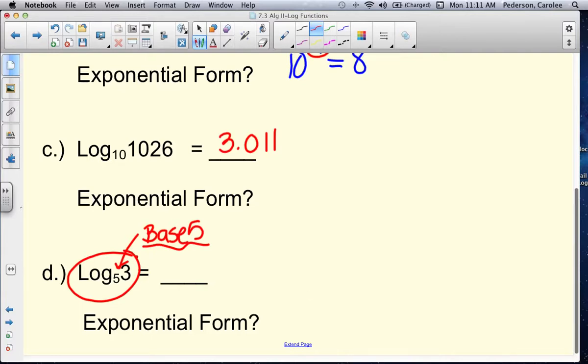So what this is saying is 5 to what power equals 3. Down the road, we're going to teach you how to convert this problem to base 10. It's called the change of base formula. So right now, not possible. You can only use your calculator when it is base 10.